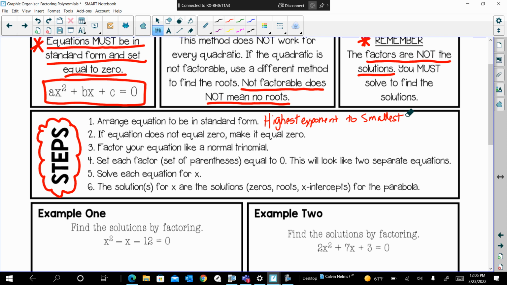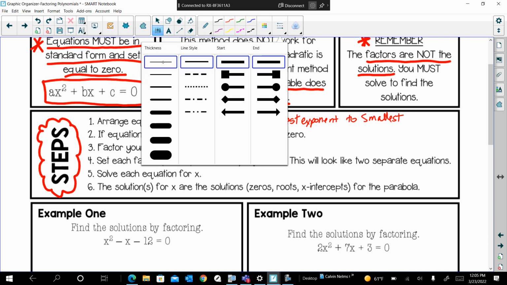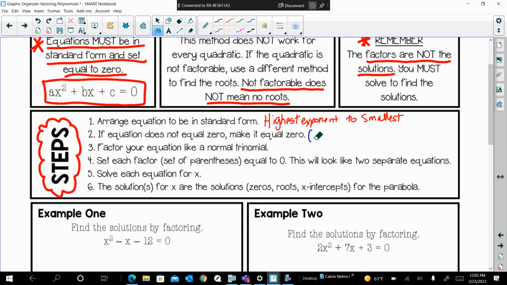Step 2 says if the equation does not equal 0, make it equal to 0. To make it equal to 0, you're going to have to use inverse operations. Basically, I'm going to put a slash, do the opposite. That's what an inverse means, doing the opposite.